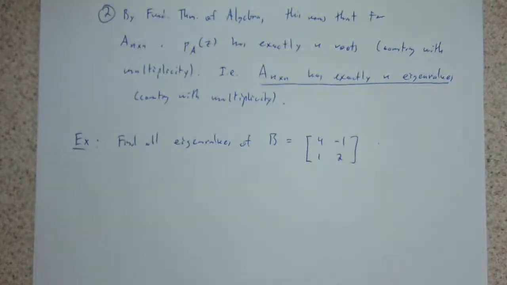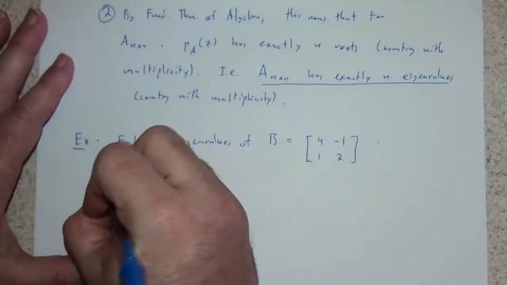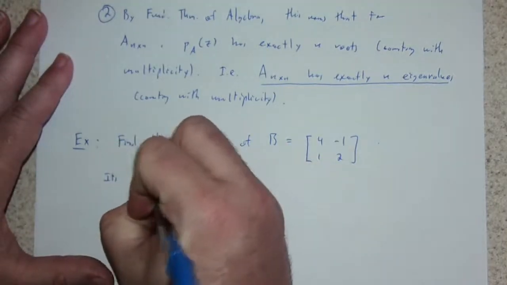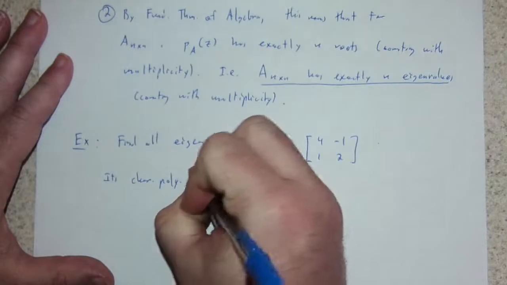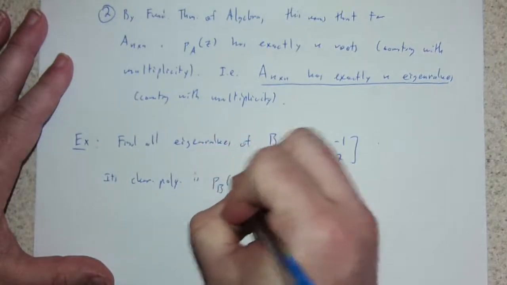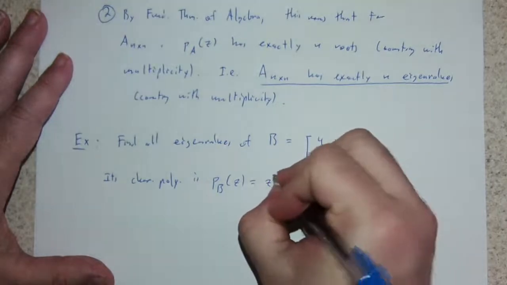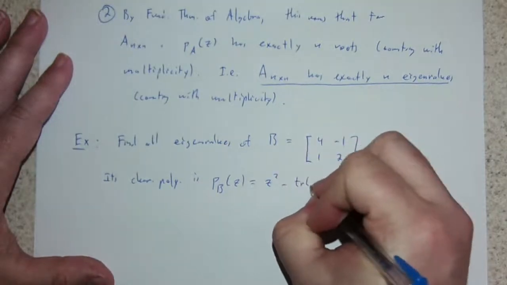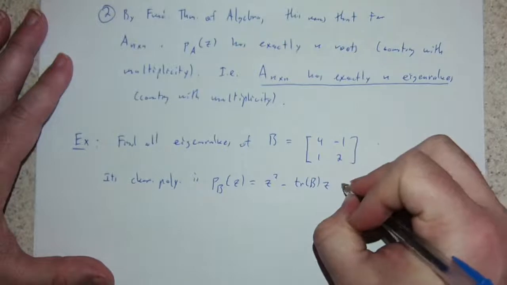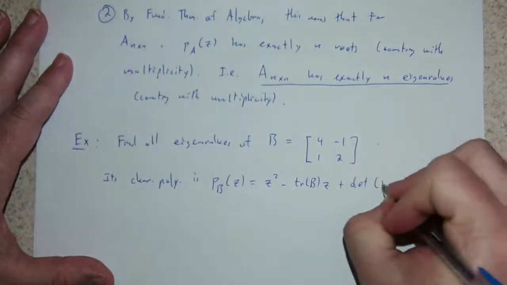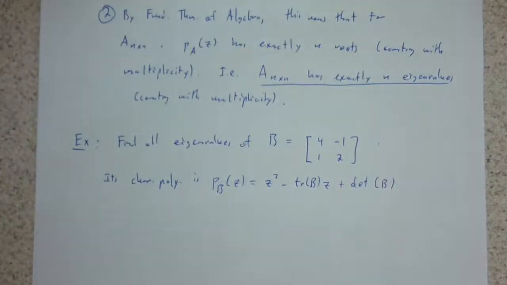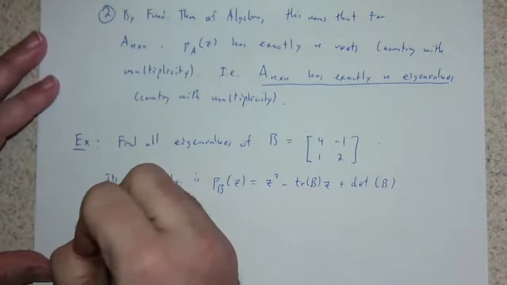So its characteristic polynomial is p sub B of z, which, since this is a 2 by 2, is z squared minus the trace of B times z plus the determinant of B. Well, what is the trace of B?